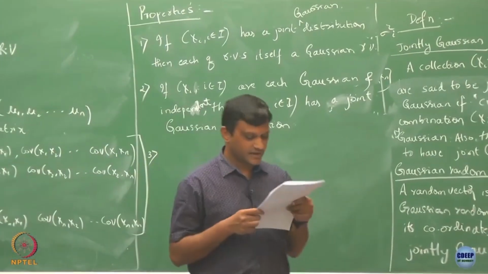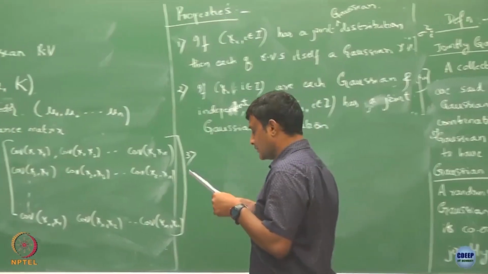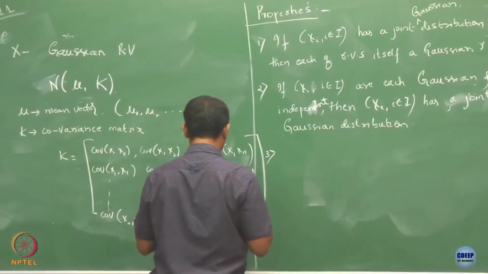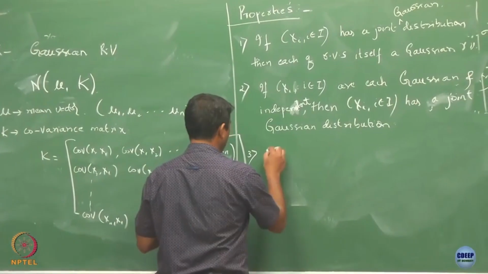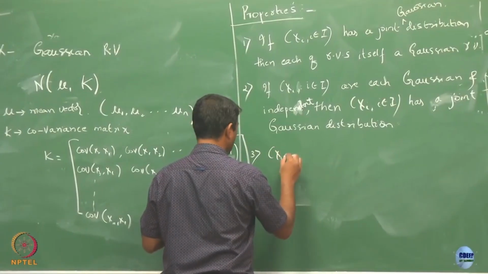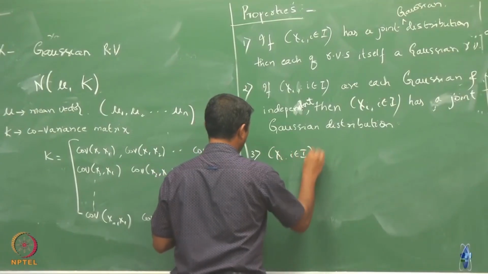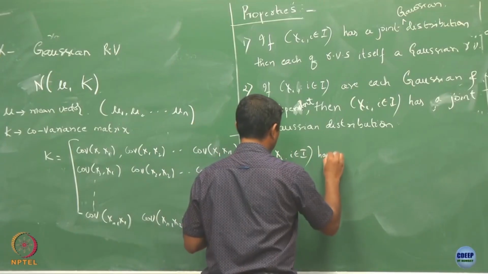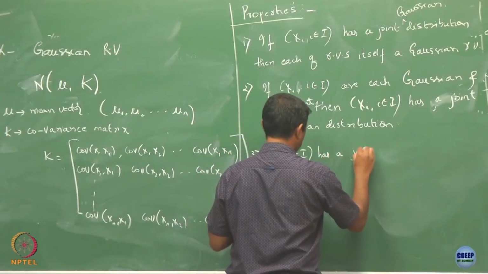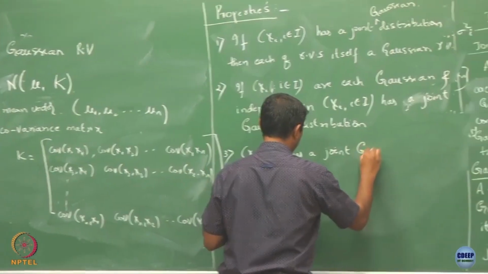The third property says, let's say xi has a joint Gaussian distribution.